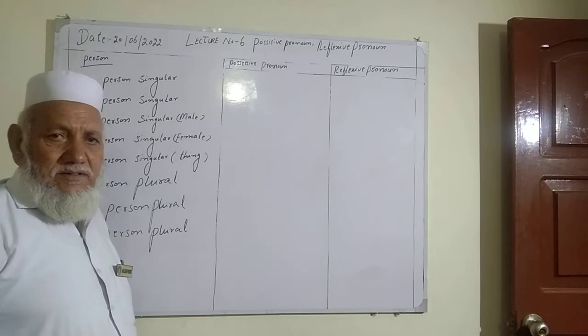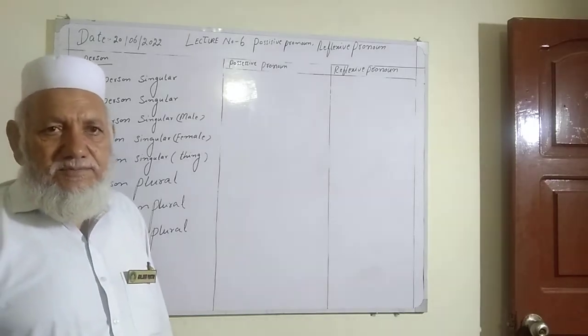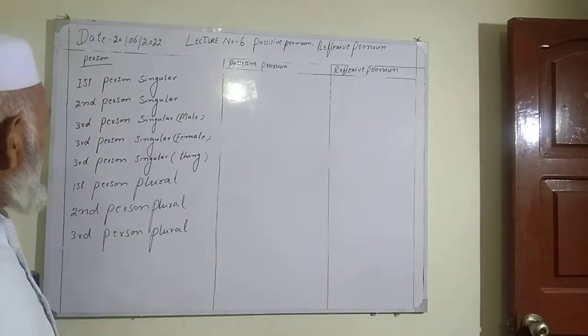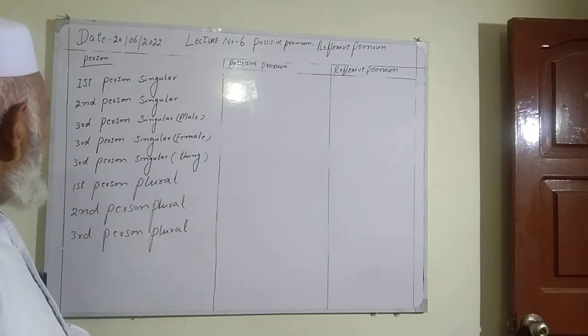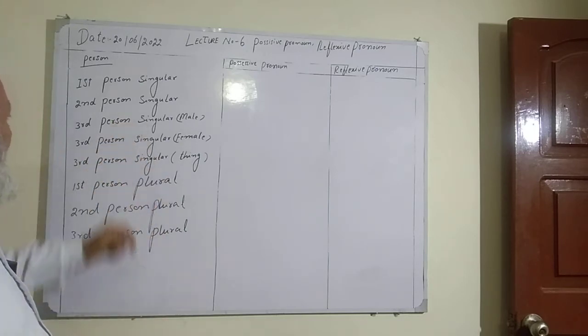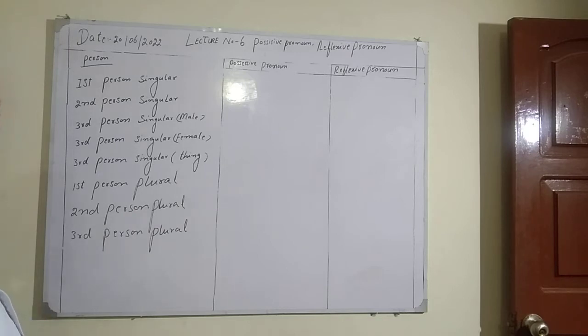Now you are clear that persons are of three types: first person singular, second person singular, third person singular male, third person singular female, third person singular thing, first person plural, second person plural, third person plural.